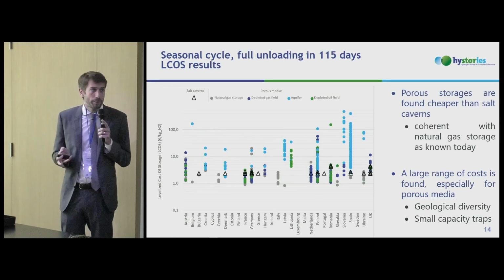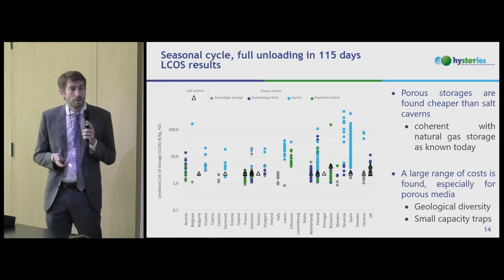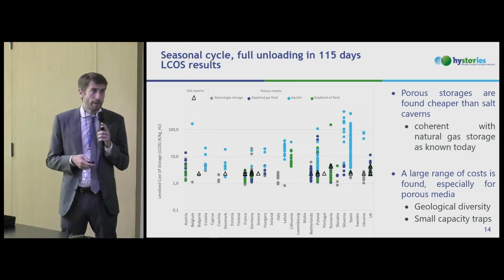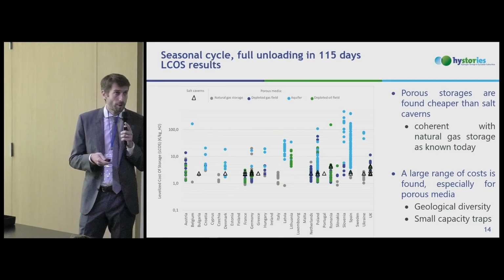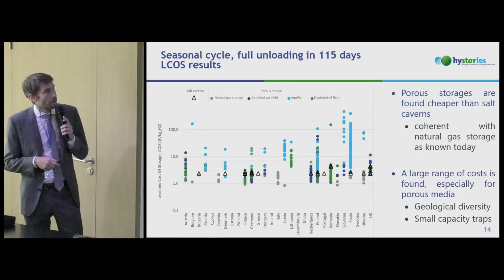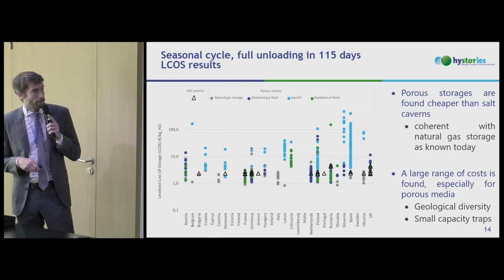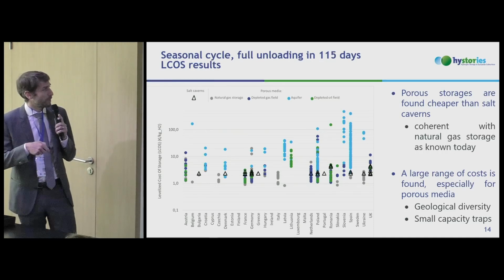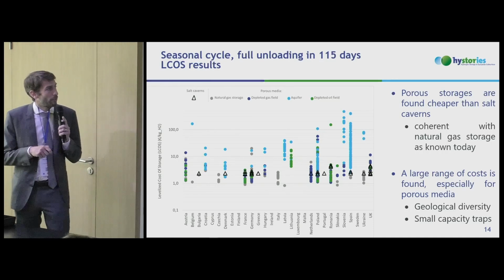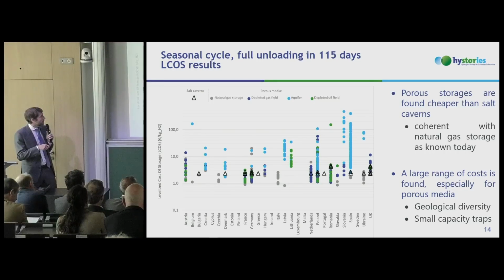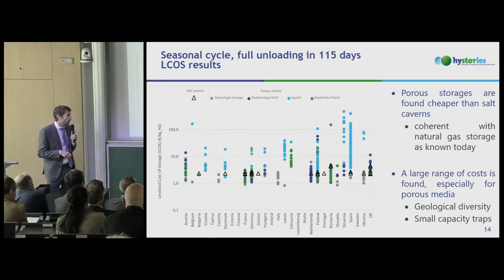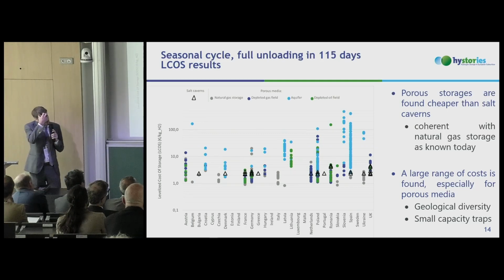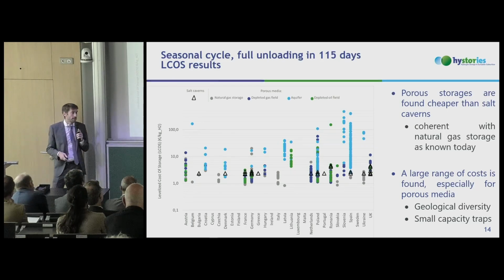It's quite coherent with natural gas storage as known today, mostly driven by seasonal cycling and mostly developed in porous media. We also find a very high range, so it's a logarithmic scale here. We've got a very large range of cost, especially for porous media. It's related to the geological diversity of these 800 traps and parameters we have.